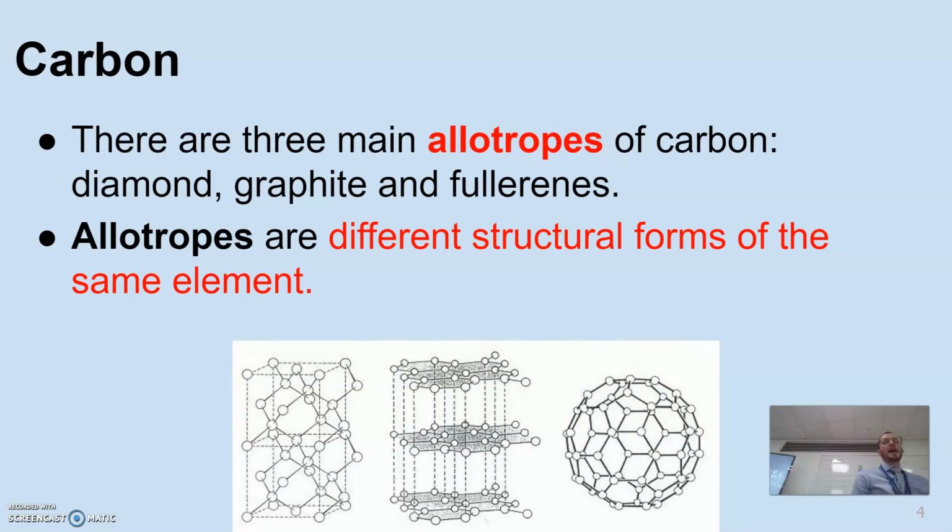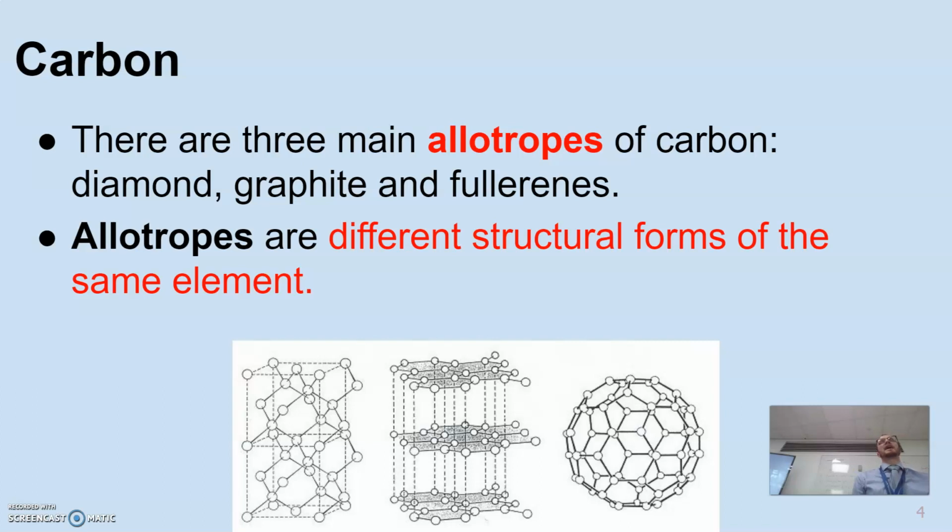Carbon has what's called allotropes. 3 main allotropes. There's actually, let's say 4. There's another one. So there is graphene. There's also what's called amorphous carbon. So what does morph mean? Change. Right, what does amorph then mean? Not change. So amorphous is carbon without a regular form.